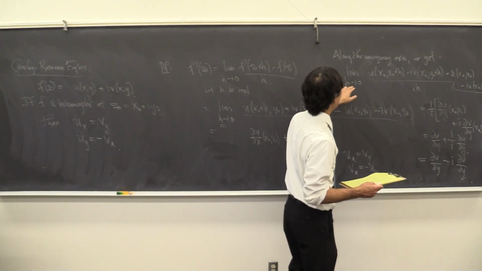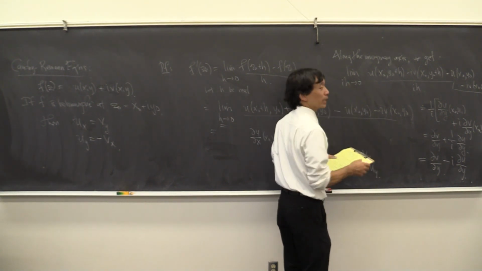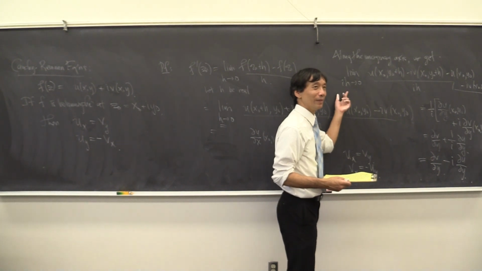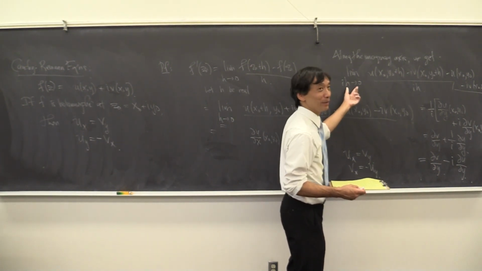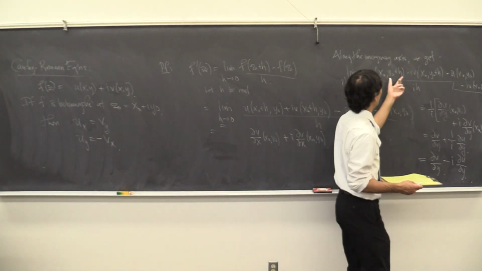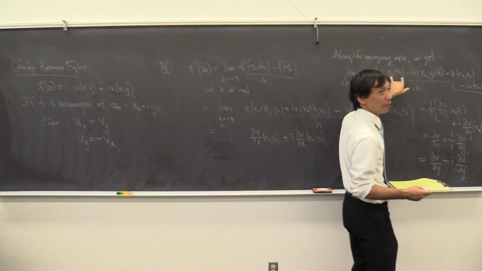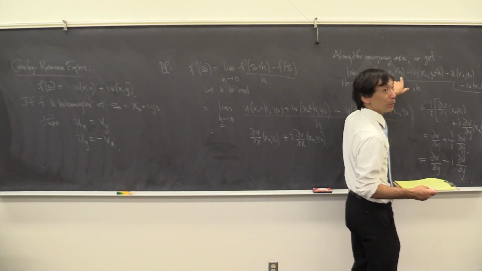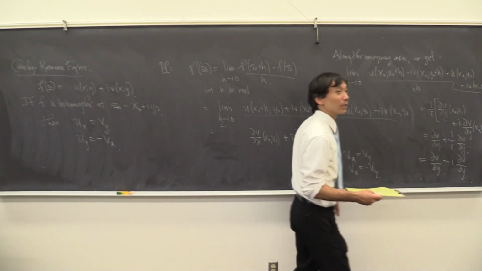So maybe I should write it like this. Is that helpful? Yeah, we're letting ih go to 0, and so we've added on the change here. When we add on that ih, it affects the second variable. The ih is here. Maybe it's clear.